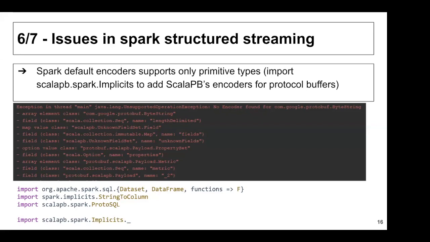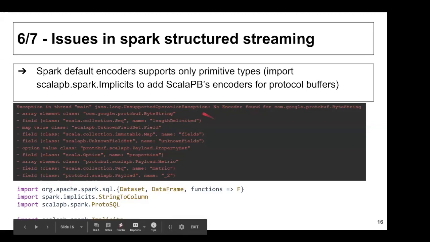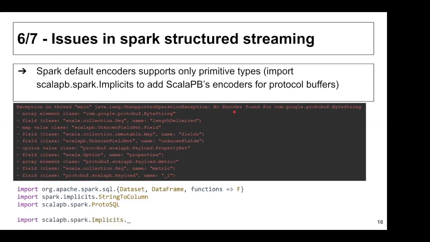So if you are going to use some non-primitive types, your code is going to fail like here. It will say no encoder found for certain types. For that, ScalaPB has its own types where they take all the other types. So it's suggested to use the ScalaPB implicits instead of Spark implicits.